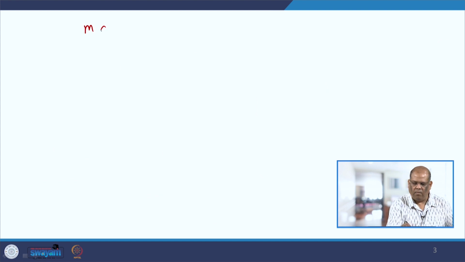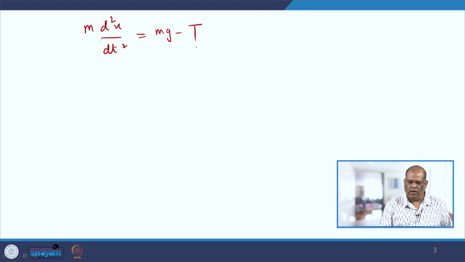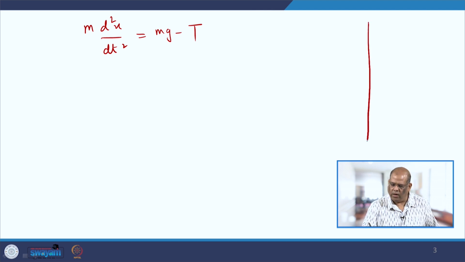Now, if I want to calculate this, let us quickly move to the next page. So, m d2x dt square is equal to mg minus the tension. Let me quickly draw the figure again. You have this A, you have this B, you have this O, and you have this D, and this P is the position.